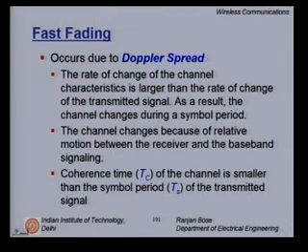But since you are moving so fast that within the symbol interval you go from a faded point to a non-fading region, within the symbol duration you get in and out of fade. The fading environment changes within the duration of the symbol. This is fast fading.